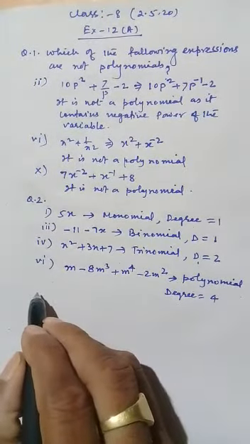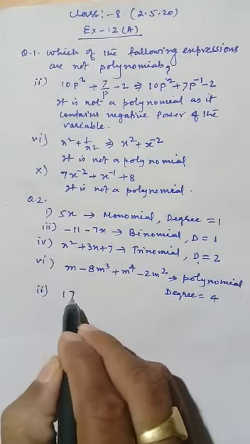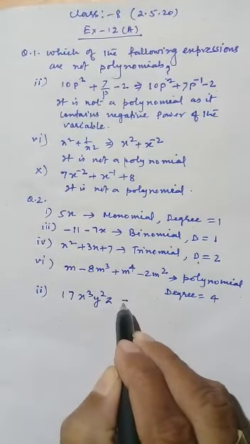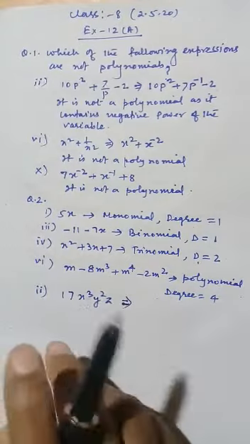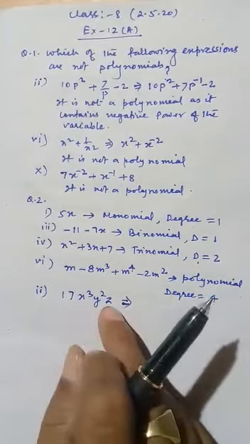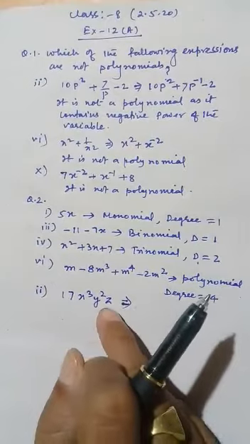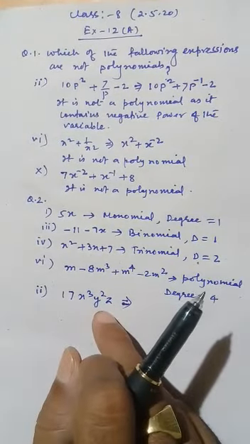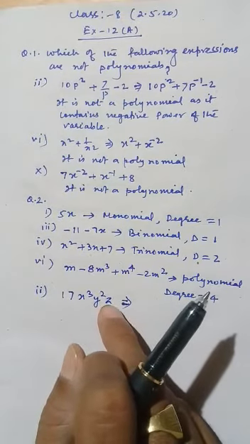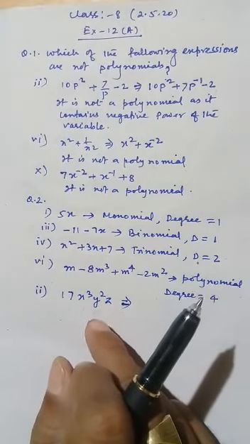Just one more example to make you clear. Second example, second part of this question, 17 x cube y square z. Now see, try to understand this. This question is important. Here we have 3 variables multiplied all together. In such a situation, if there are more than 2 variables together, then in order to find out degree, we have to add the power of the variables.